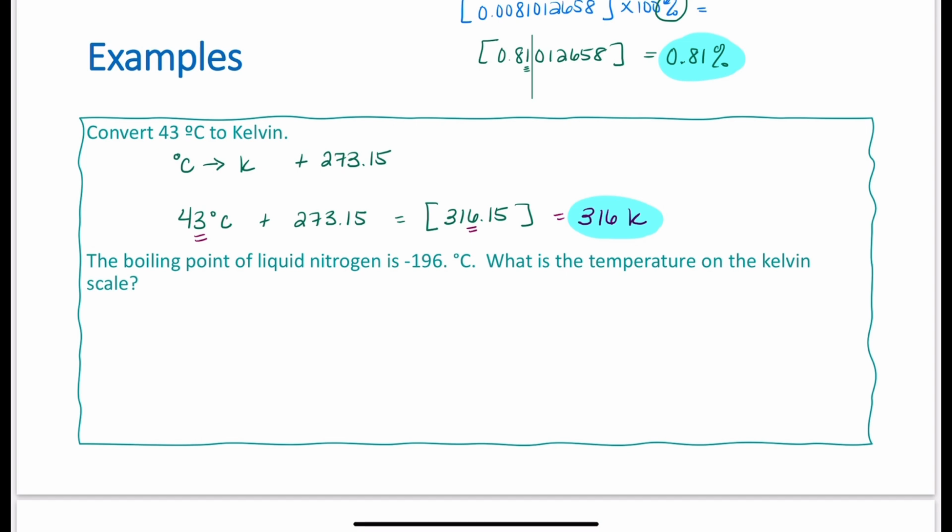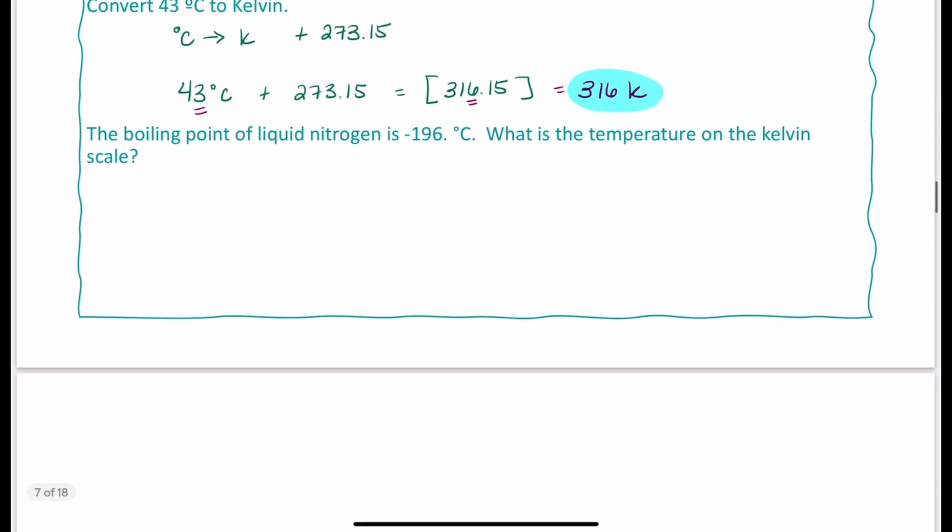And the last question in this section: the boiling point of liquid nitrogen is negative 196 degrees Celsius. What is the temperature on the Kelvin scale? Again, if I'm going from Kelvin to degree C, I am subtracting 273.15. Oh, I am trying to go to Kelvin.